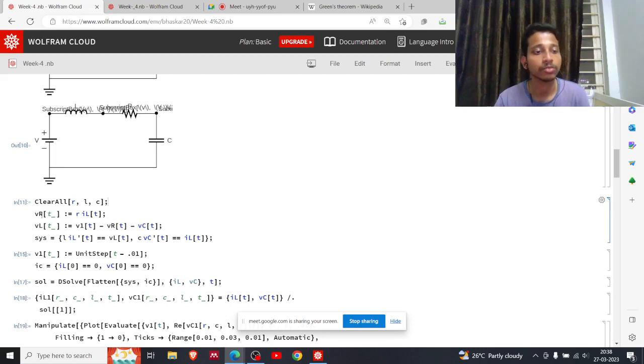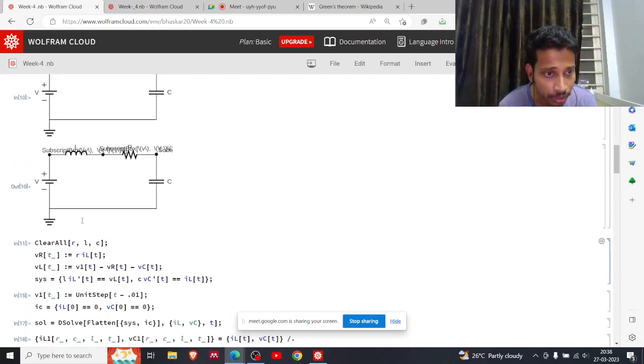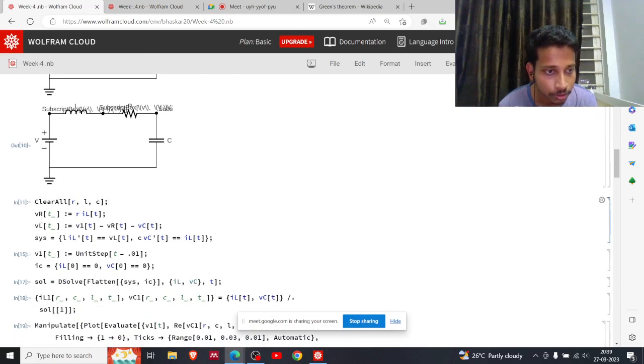Then for the voltage, VR(t) equals R times I(t), and VL(t) is V1(t) minus VR(t) minus VC(t). So the system of equations is L I_L'(t) = VL(t) and C VC'(t) = I_L(t). These two are the differential equations we get from the LCR circuit.